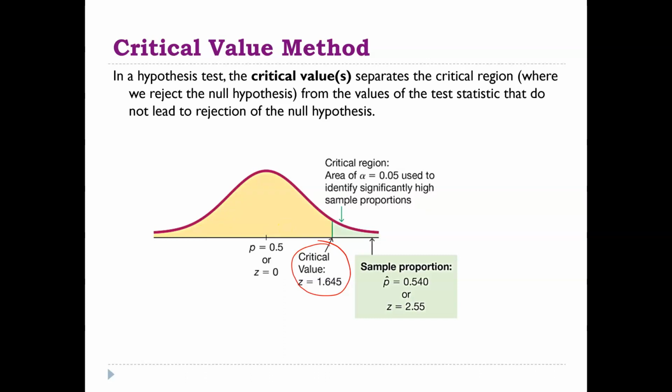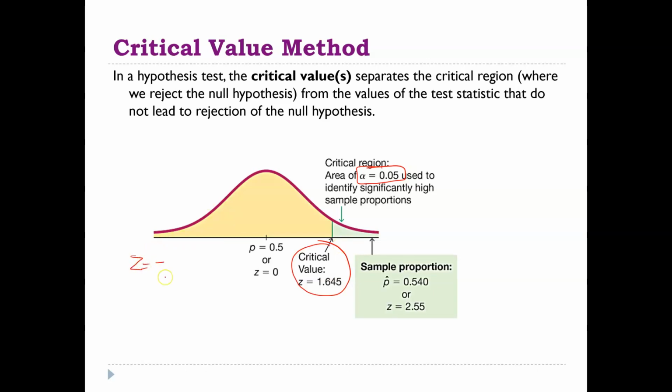Let's look at how to find the critical value. Say we use alpha equal to 0.05. The test was the right-tailed test, so our critical region is located on the right, and our critical value is going to be positive. If it's left-tailed, our critical value is going to be negative.